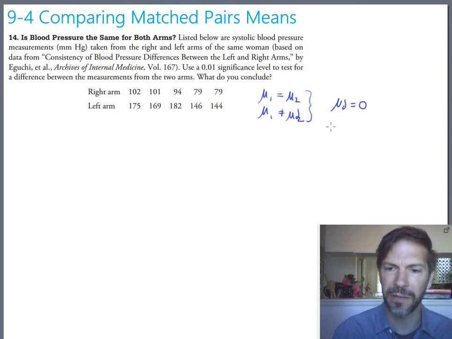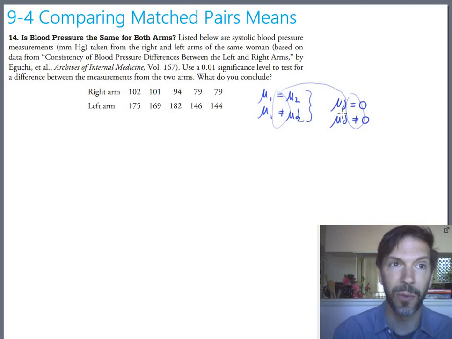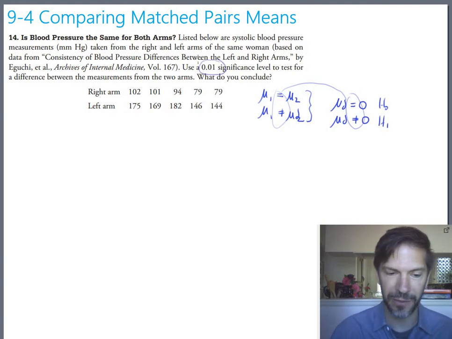Is there no difference? Or is the mean difference not 0? Notice you'll always use the same symbols. It's just that the notation is a little different when you realize you're talking about that list of differences. So we've got a null, we've got an alternative, and we have a significance level, which is enough to start driving StatDisk.